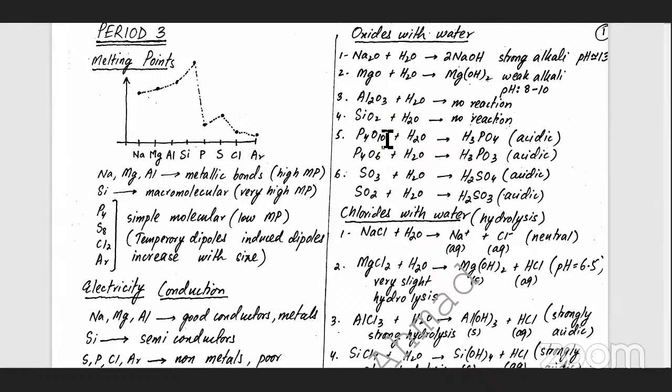SiO2 is sand. It's not going to have any reaction with water. Remember P4O10 reacts with water to form H3PO4. And there's P4O6 as well. That's going to react with water to form H3PO3, which is phosphorous acid. Same with SO3 and SO2. SO3 would react with water to form sulfuric acid, and SO2 would react with water to form sulfurous acid.